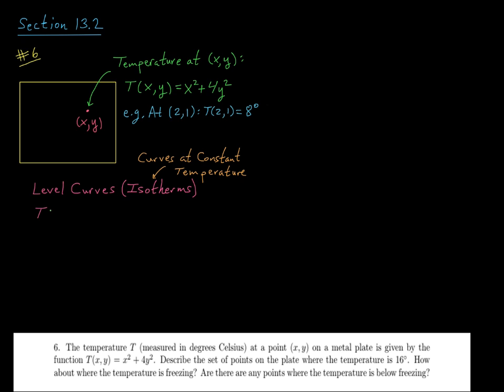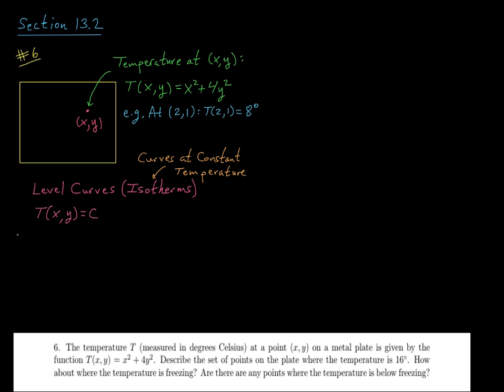So we're saying T(x, y) is equal to a constant. And what this describes is the set of all points at a fixed temperature. We're going to call those curves isotherms. Iso means same, so in other words, curves at constant temperature or curves at the same temperature.